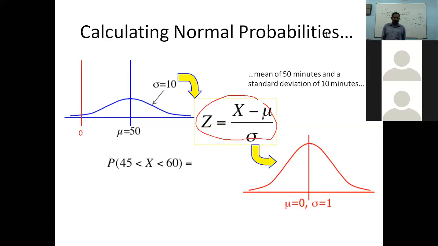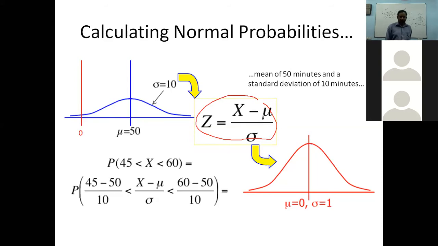That is the probability we want to find between 45 and 60. I'm going to convert each of these values. This conversion is valid here as well as here, because we have to convert in both cases.